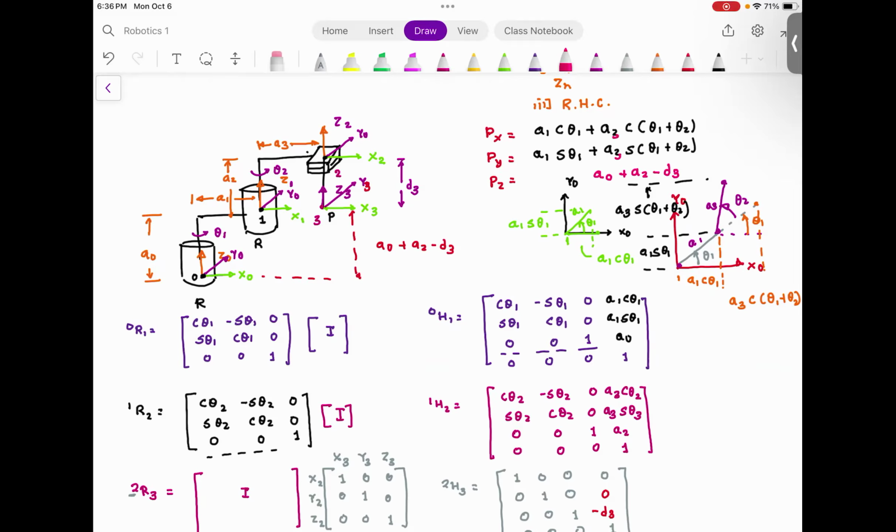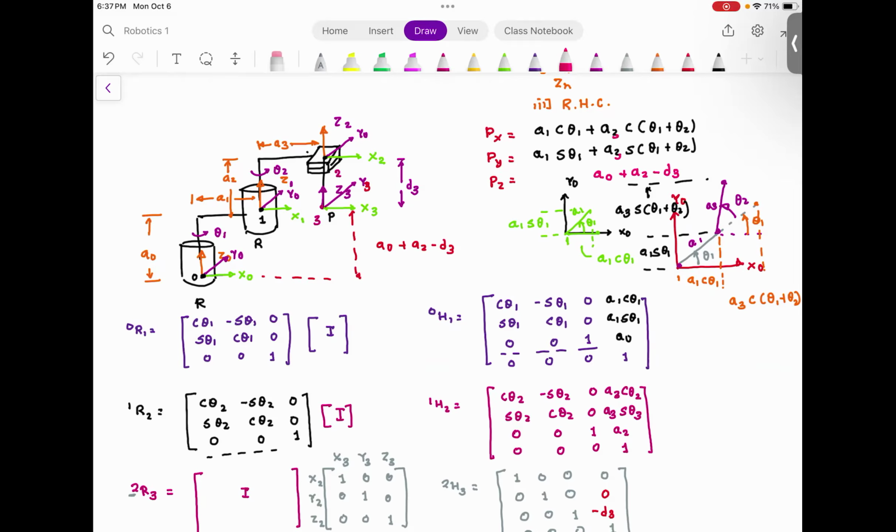Because to find D3, you just need to substitute: D3 is equal to A0 plus A2 minus Pz, which gives you D3. You agree with me? D3 is independent of theta 1 and theta 2. To solve the inverse kinematics problem, you need to supply two equations, Px and Py, and ask for theta 1 and theta 2.